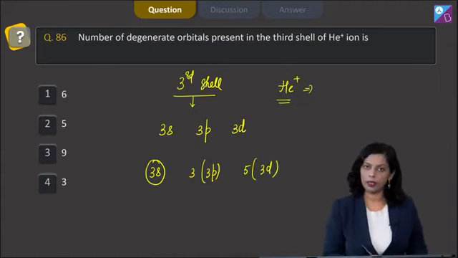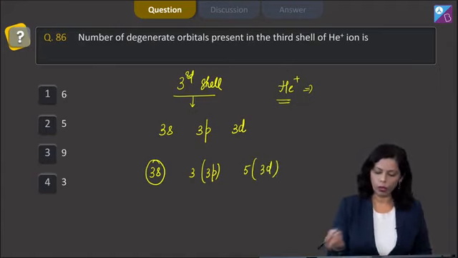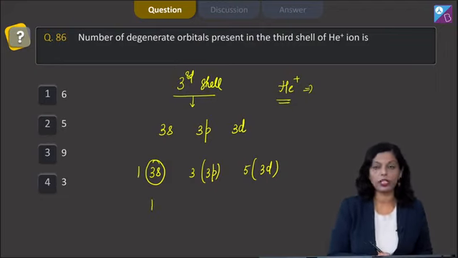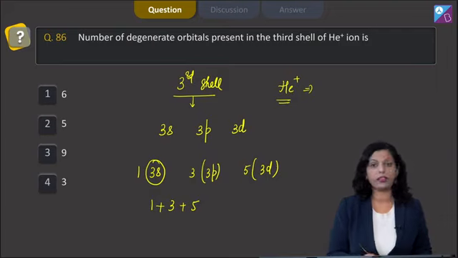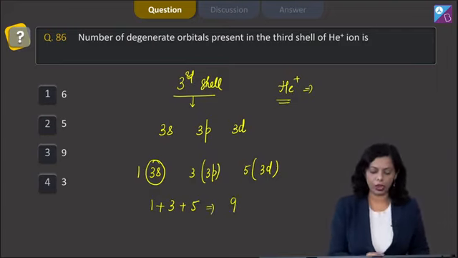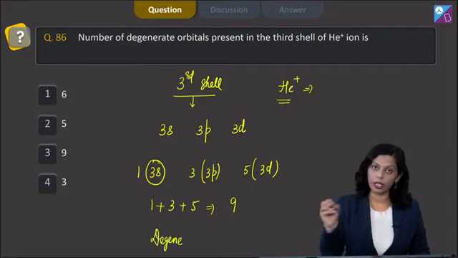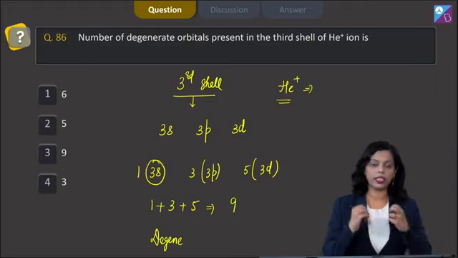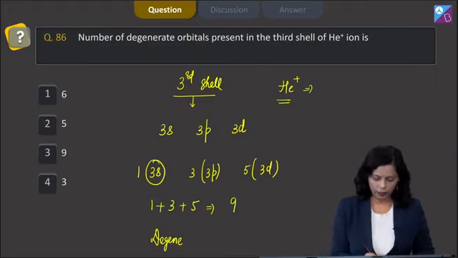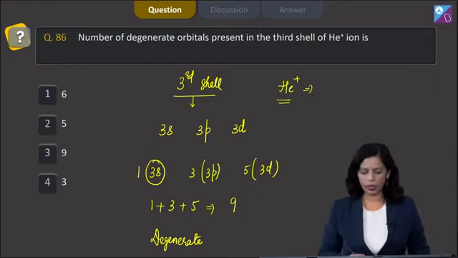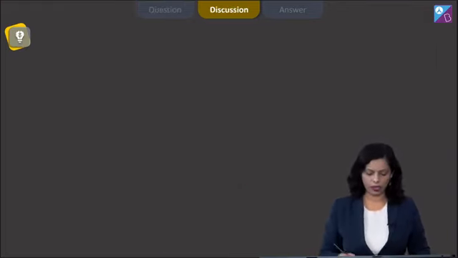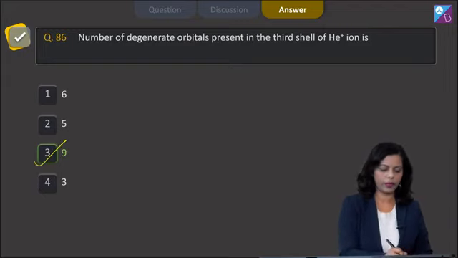Just add them up. All these are degenerate, because only when we fill the electrons do we decide the energy levels, otherwise these are in a degenerate state. So where is the 9? Clearly you can see that 9 is given in option 3.